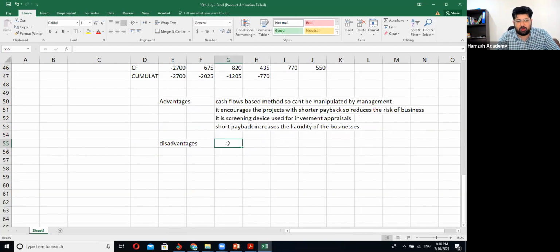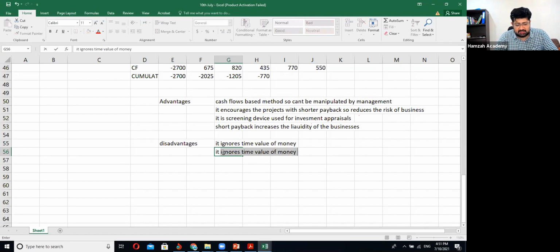Next, drawbacks or disadvantages. It ignores the time value of money. It does not consider that money tomorrow will have less value, but treats the money we are going to receive tomorrow as having the same value as today.